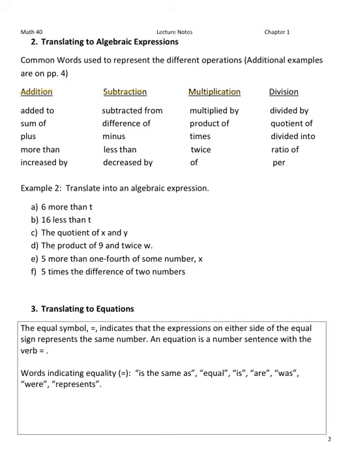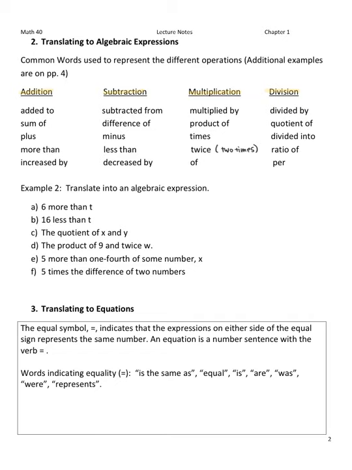And for multiplication, we have multiplied by, product of, times, twice. Twice means 2 times. And then of. And then for division, we have divided by, quotient of, divided into, ratio of, and then per.